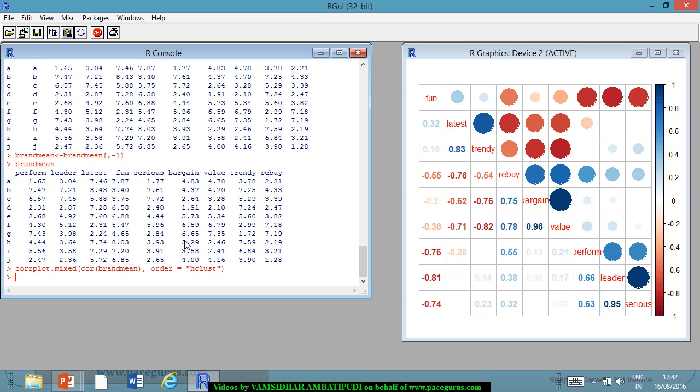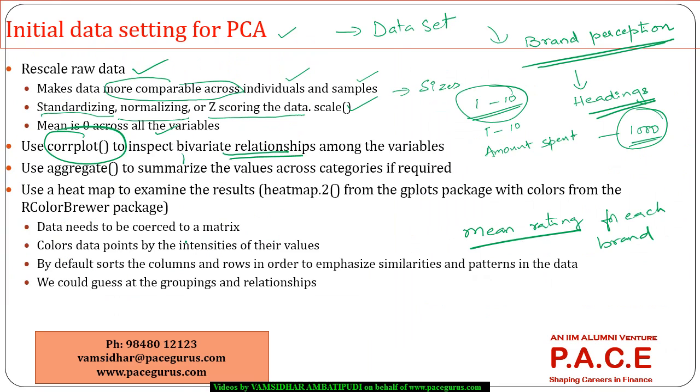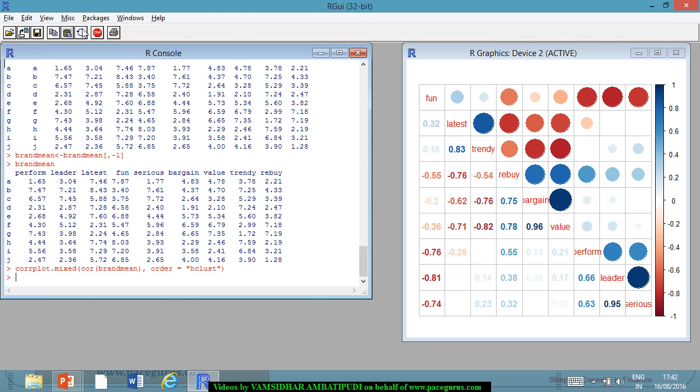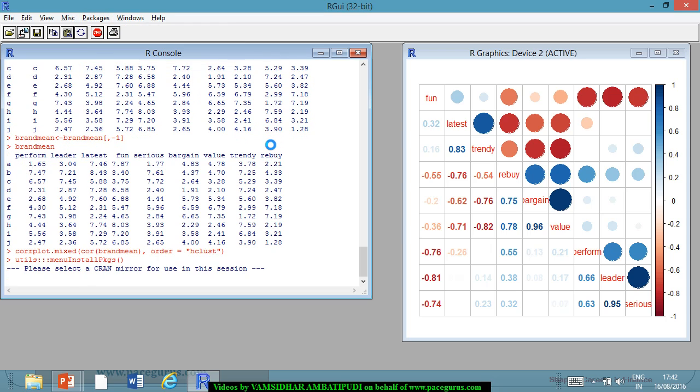Now, the next thing I'm looking at is that I can even go ahead and perform a kind of heat map. A heat map is typically used to examine the results. It's there as a part of the gplots package. So I can install the gplots package to look at the heat map.